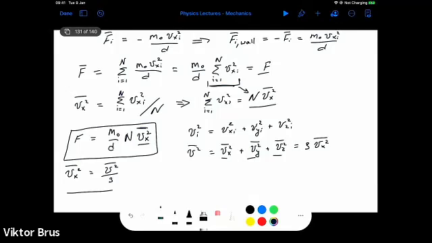So we can rewrite our equation: force equals 1/3 times N times m0 times V square average, divided by d.